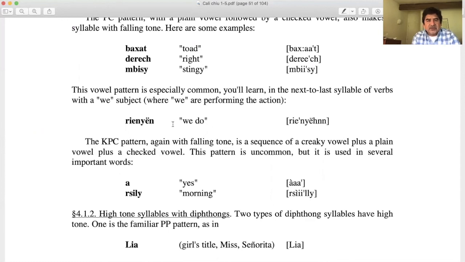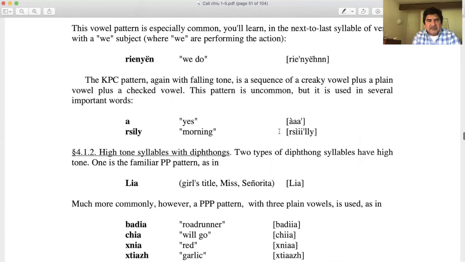Hopefully you can distinguish them, and also say them. Okay, so here we go. Rienian. So the ending is breathy, rienian, right? So we have a plain I, E checked on the first two vowels, and then the breathy at the end. So that's a different pattern.